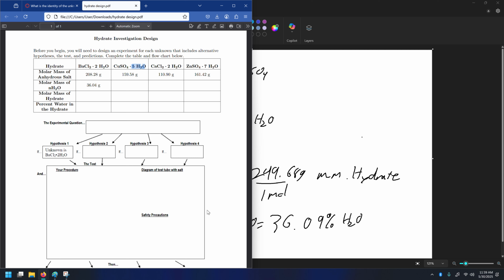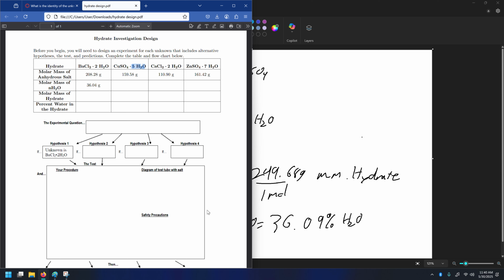By using our data that we collect during the lab, taking the mass of the salt, taking the amount of water that was liberated from it, and then calculating the percentage of water, we should be able to try and match the amount of water lost to these percent waters in the hydrates that we calculate on this worksheet. And so theoretically, one of the numbers should be closer to the percent water you lose than any of the others, and then you could make the assertion that, well, it's probably that substance.